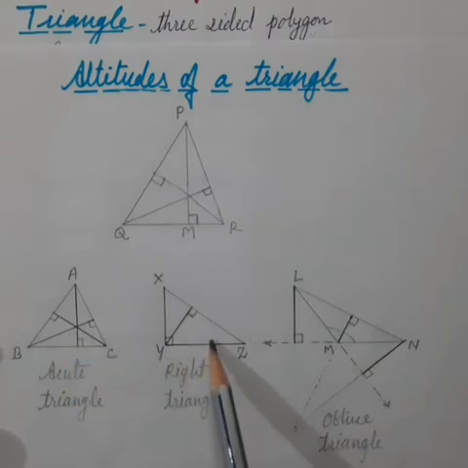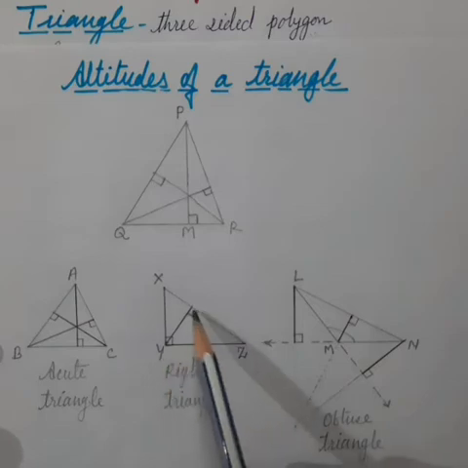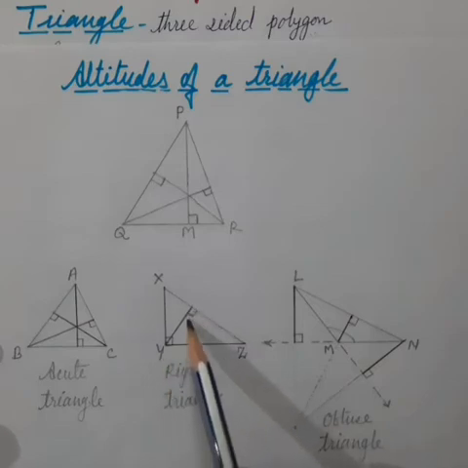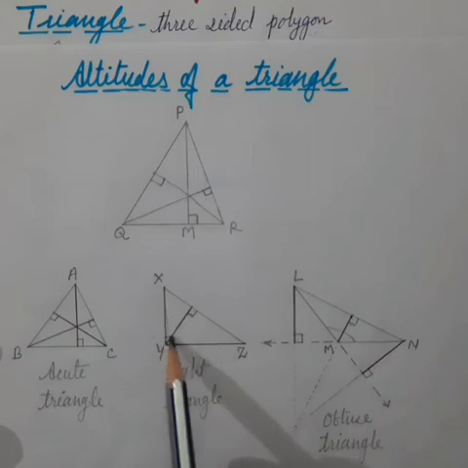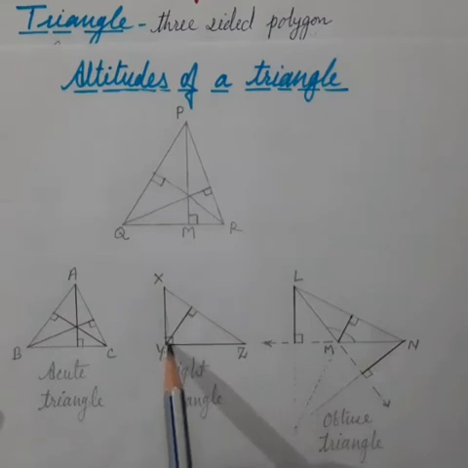Here in a right angle triangle, one altitude is in the interior of the triangle and the other two are its sides only. So these two sides are perpendicular to each other. This angle is a right angle. So these two are its altitudes.